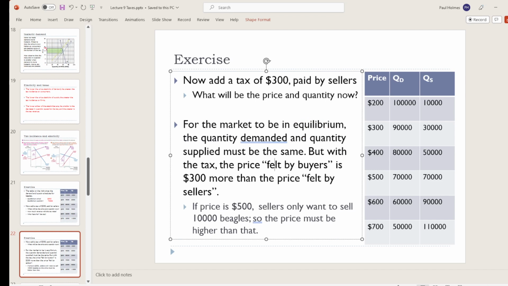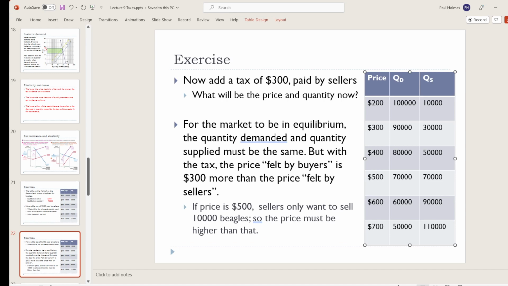The price the buyers face is $300 more than the price the sellers face. So what we're going to be looking for is two lines on this table where we have quantities that are the same, one in the demand column, one in the supply column, and prices that are $300 apart.